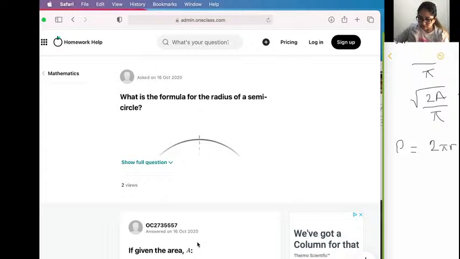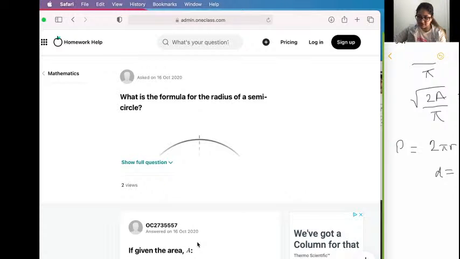And since we know d, the diameter is basically 2 times the radius, so d is equal to 2r.